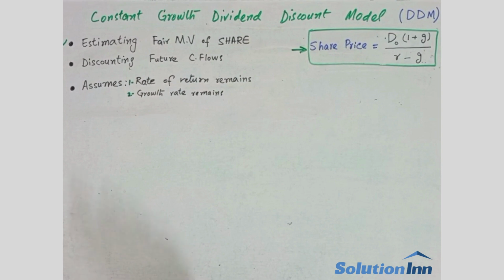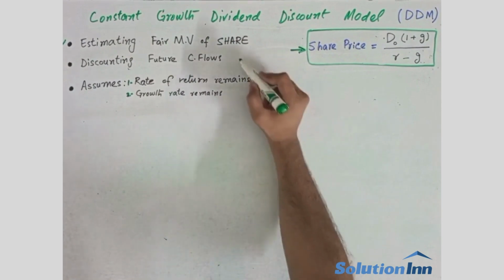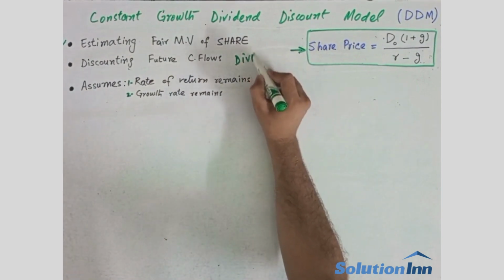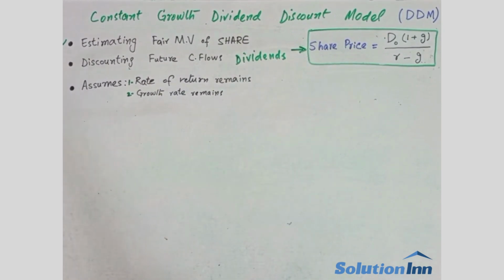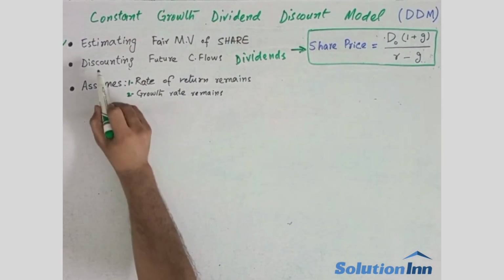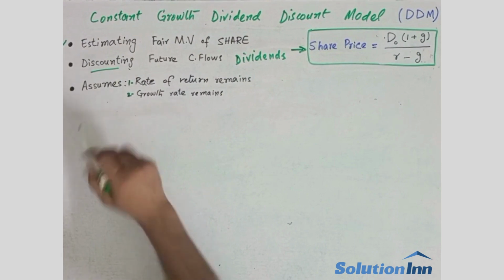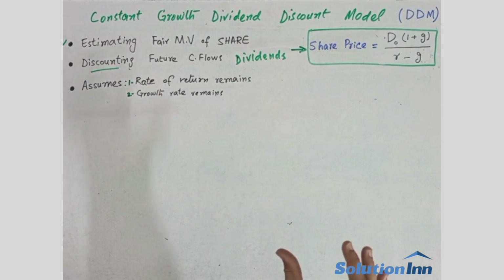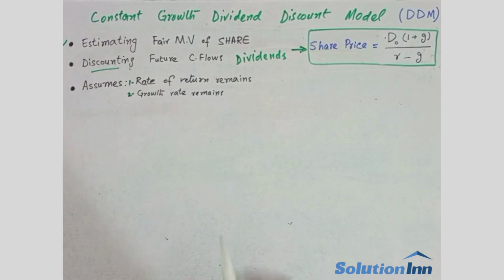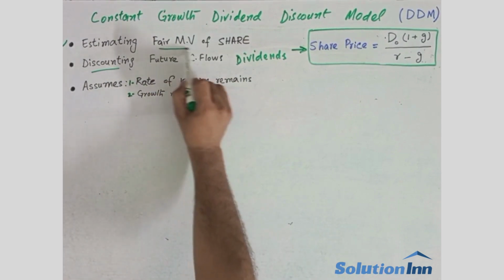The basic approach used in this formula is that we discount the future cash flows associated with a share, that are dividends. Dividends are discounted to reach a suitable present value that will be equal to the fair market value of a share.